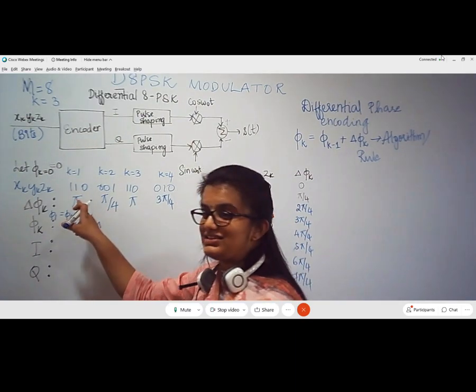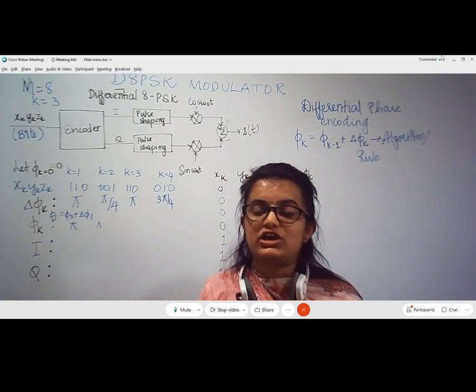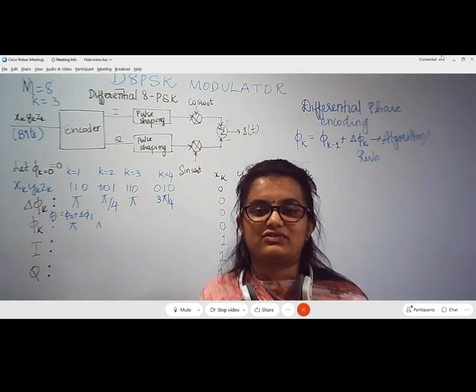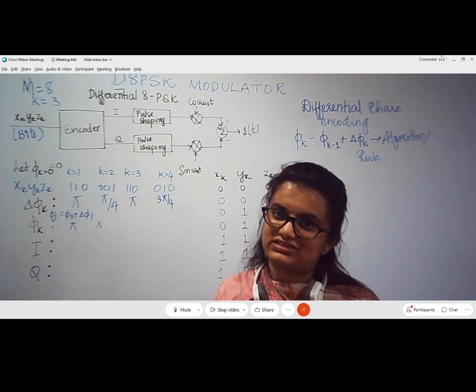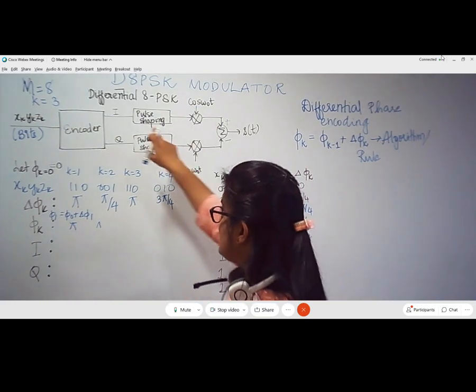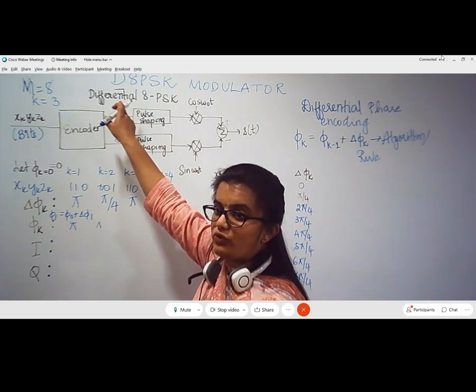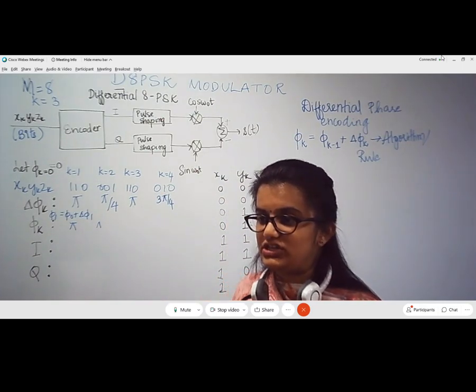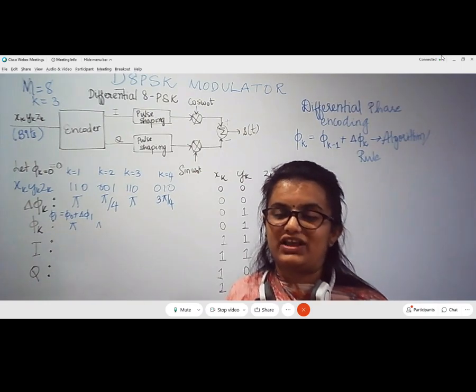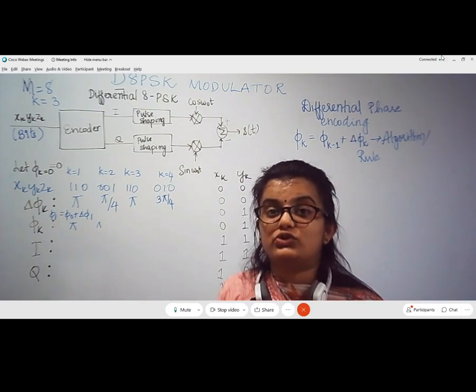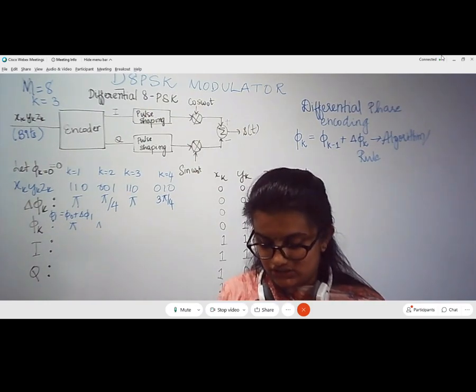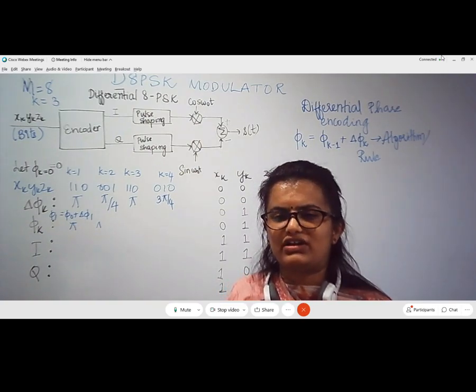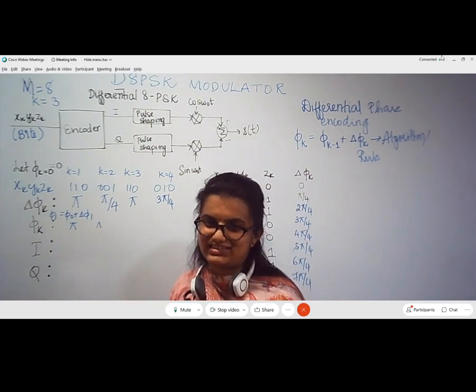By doing like this, the basic advantage is you need not have any synchronization between the transmitter and the receiver. That's the basic necessity to go with the differential modulation techniques. They give us the flexibility of not requiring any synchronization methods on the receiver side.